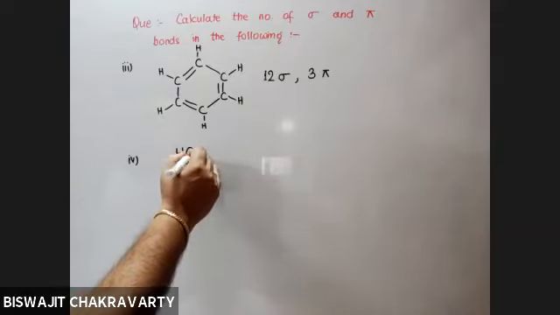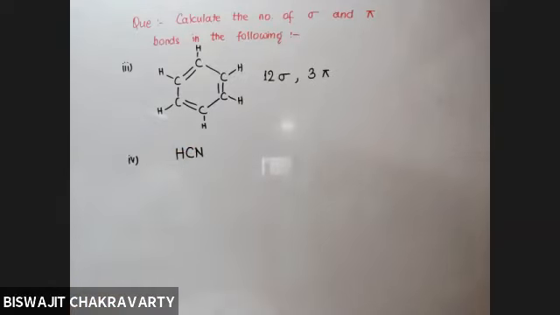What about hydrogen cyanide? Valency of hydrogen is 1. Valency of carbon is 4. Valency of nitrogen is 3. Sir, 2 sigma 2 pi.